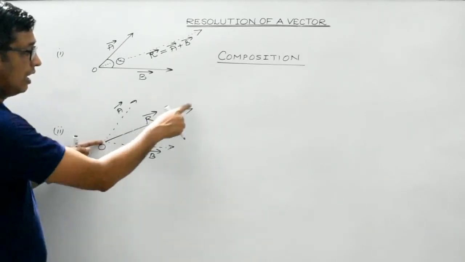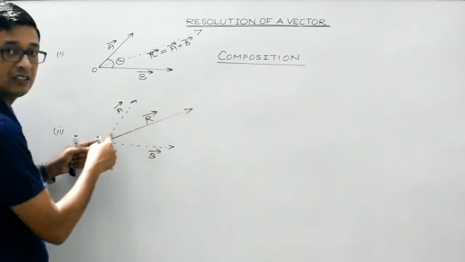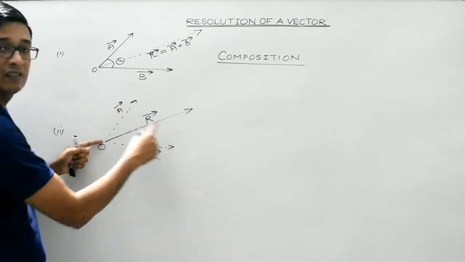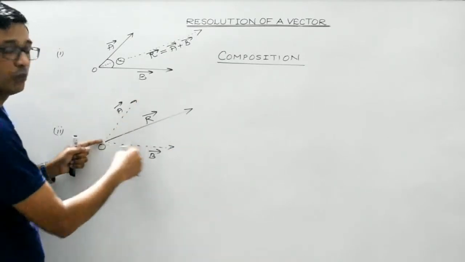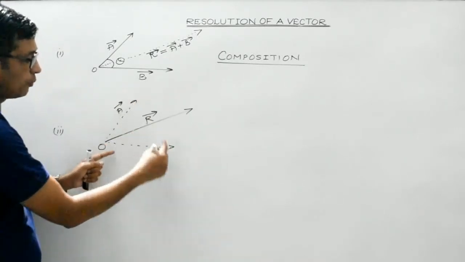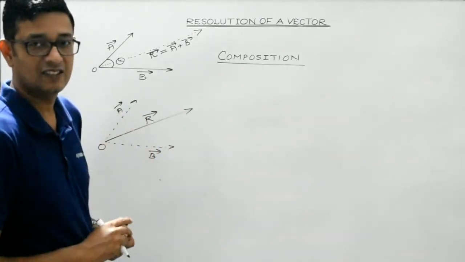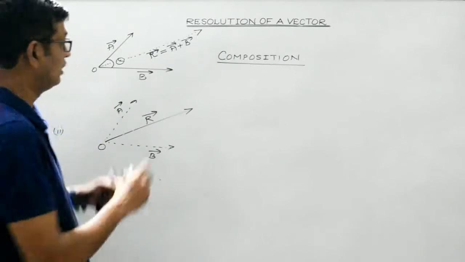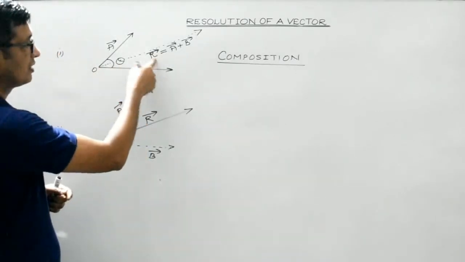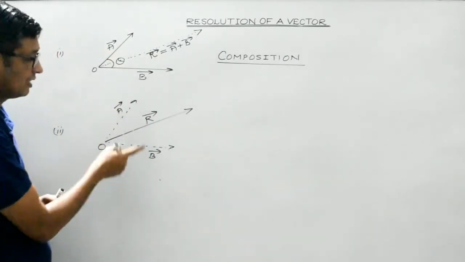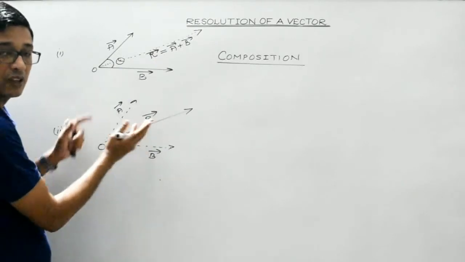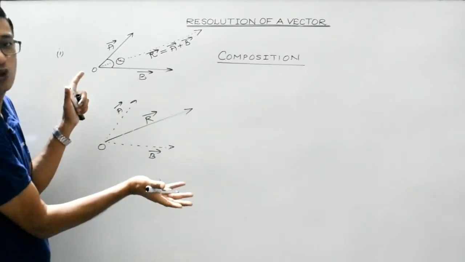So R vector, it's the given vector, it is being split into these two components. These two split components of this given vector are known as the components. So here we have got the resultant of two given vectors, and here in this case a vector is given, we have split it up into two or more components.